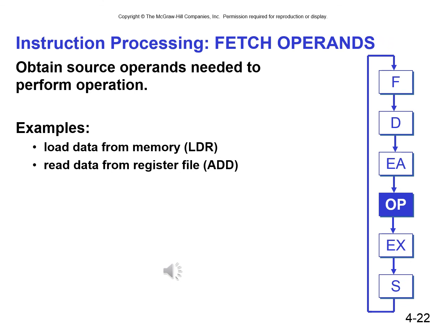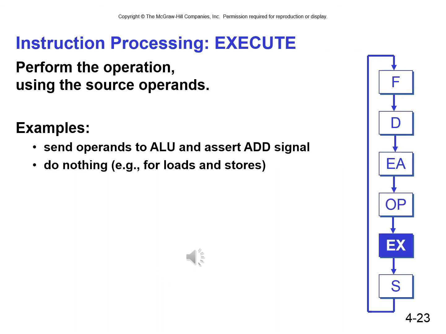Next step is to fetch the operands needed to perform whatever operation. An operand for a load command could be data from memory, or for an add command, read data from the register file, etc. Next step in the instruction processing cycle is execute. It performs the operation using the source operands, sends the operands to the arithmetic logic unit, and inserts the add signal for an add command.